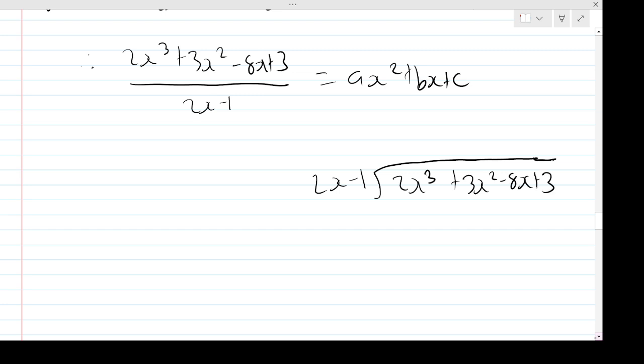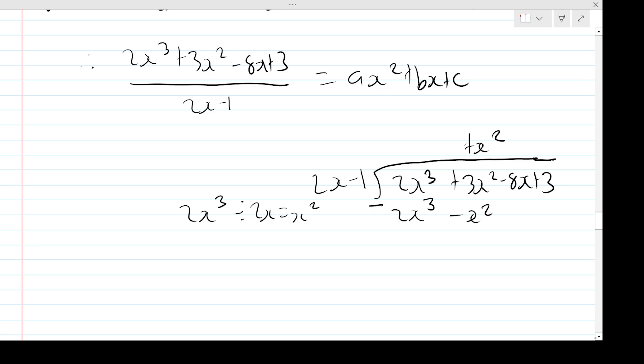And so again then, the highest term is 2x cubed there. So then 2x cubed divided by the highest term outside the bus stop, 2x, I get x squared, okay? So that'd be plus x squared. So then x squared times everything outside the bus stop. So x squared times 2x is plus 2x cubed. And x squared times minus 1 is minus x squared.